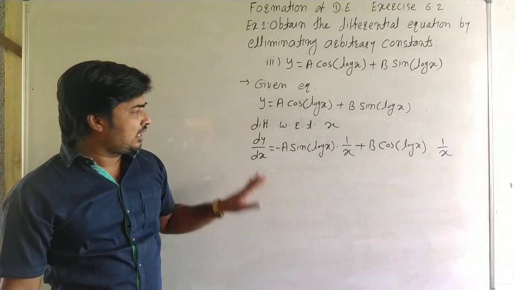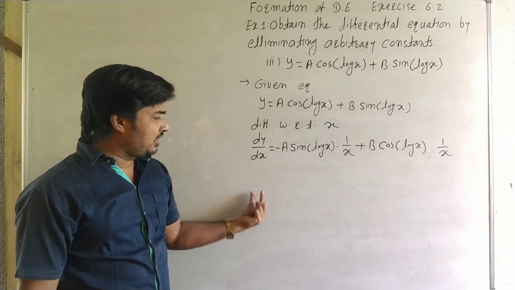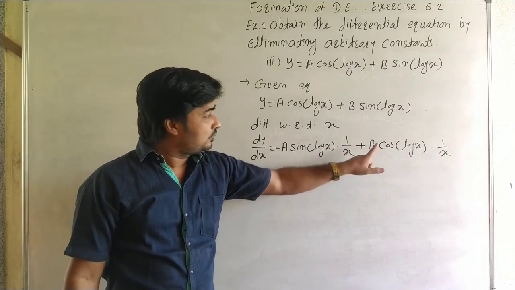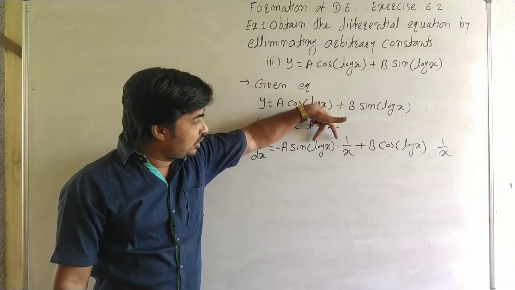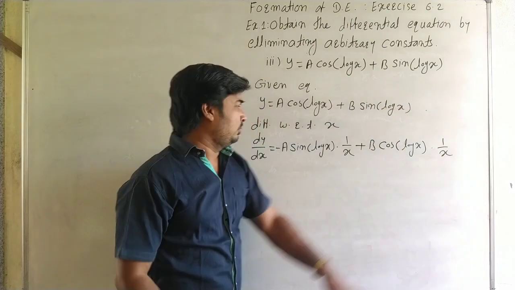Now again differentiate, d2y by dx2. Here we have sin of log x into 1 by x and cos of log x into 1 by x, so we use the u into v rule again.